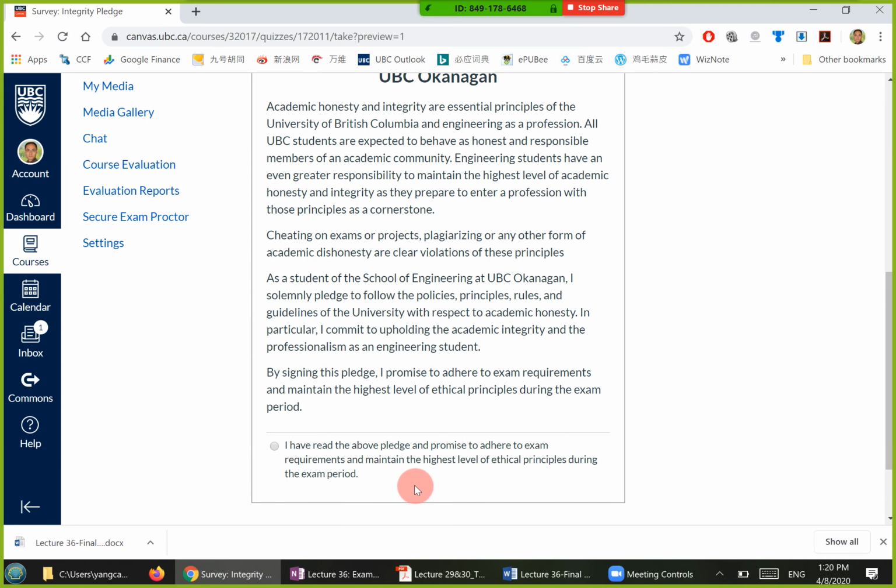If you don't do this, I will reserve my right whether to grade your final exam or not. This is the honor system, right? You agree on it, and then I will trust you that you will adhere to the pledge, adhere to exam requirements, okay, and you will not collaborate with other students or other people.